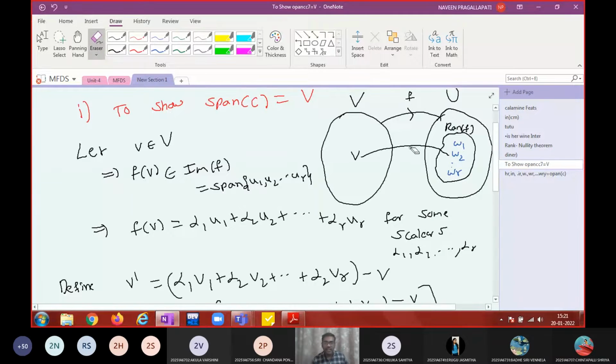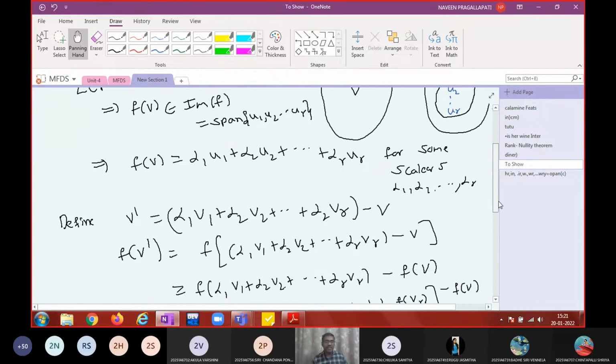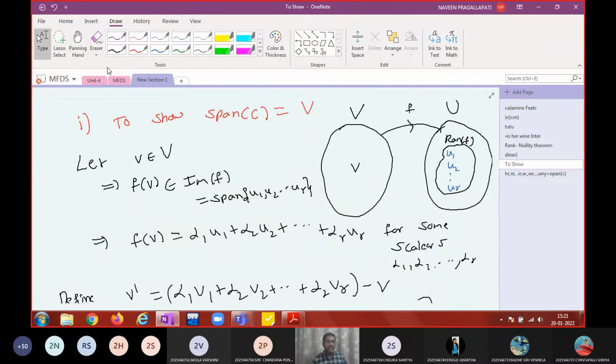I think there is a mistake here. They are not w1. They are u1, u2 and so on ur. v1, v2, vr are the pre-images of u1, u2, ur.